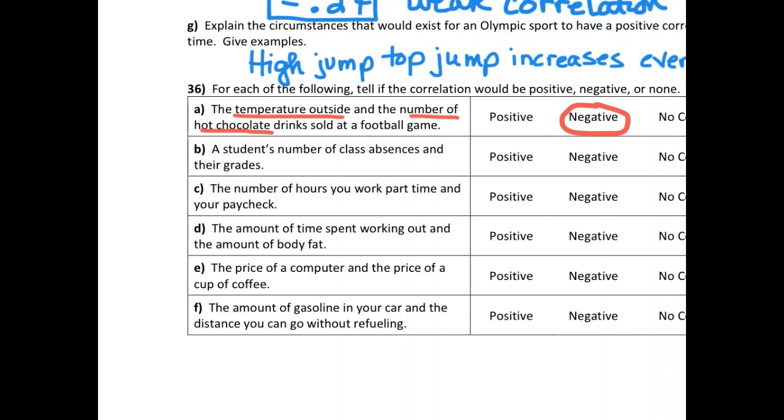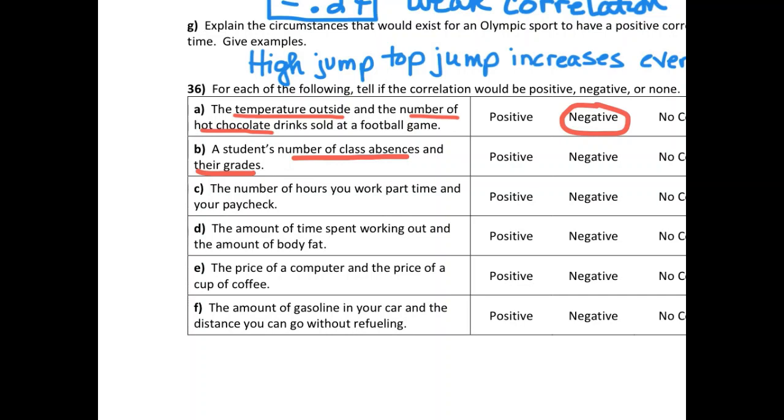In part B, you're looking at the number of absences and their grades. I think I used that as an example in class. You would assume that if a student is absent more, their grades would probably be a little bit lower. Now, obviously, these are trends or tendencies. We're not saying that every student that has high absences has low grades, or that every student that has no absences has high grades.